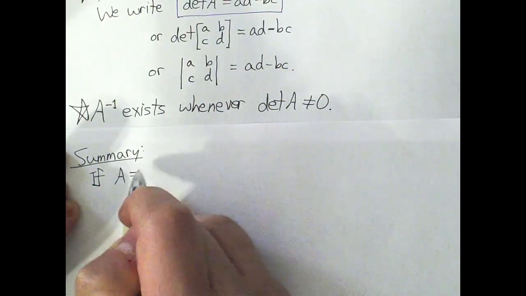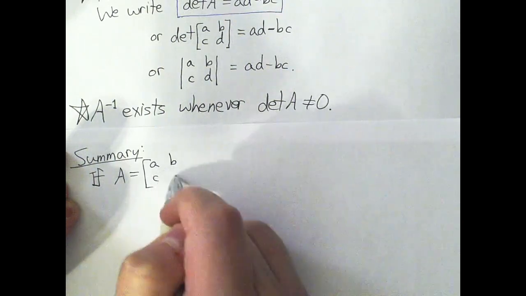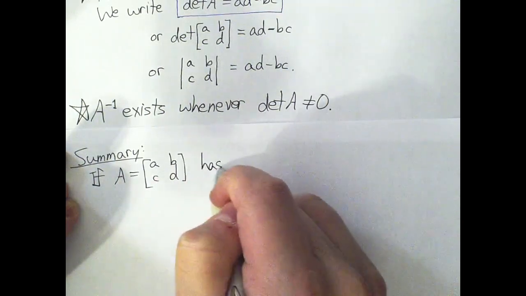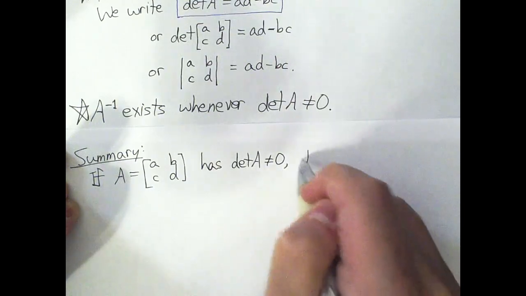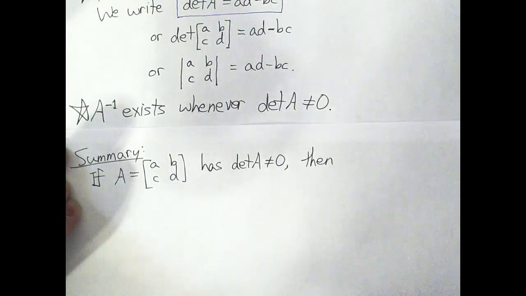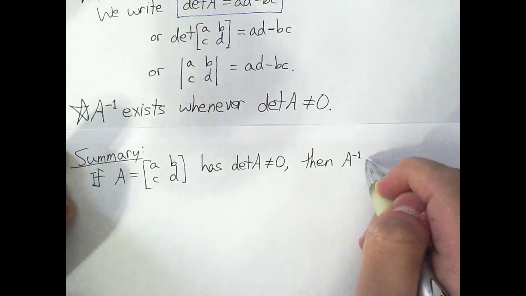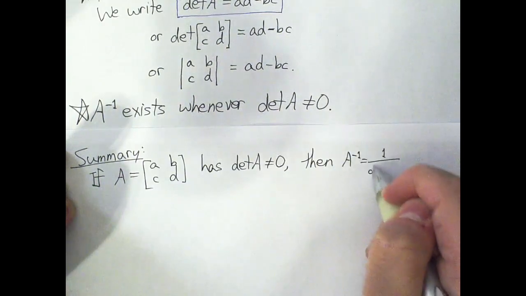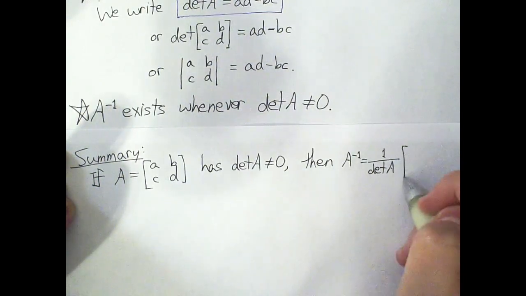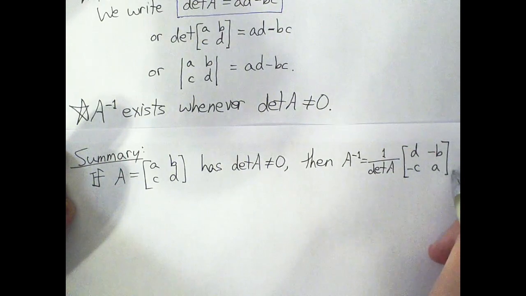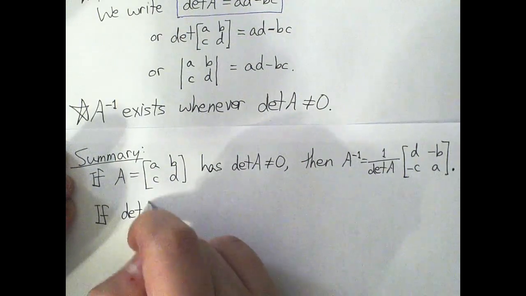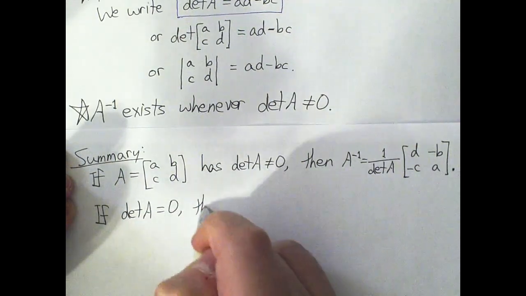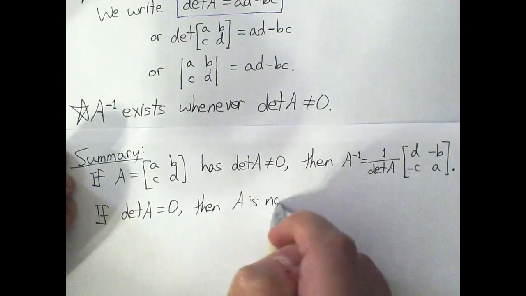If the matrix A, which is 2 by 2, with entries A, B, C, D, has determinant not equal to 0, then A inverse is equal to 1 over the determinant of A times the matrix D, negative B, negative C, A. If the determinant of A equals 0, then A is not invertible.